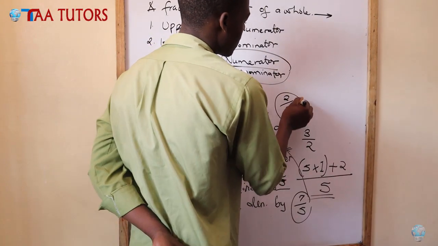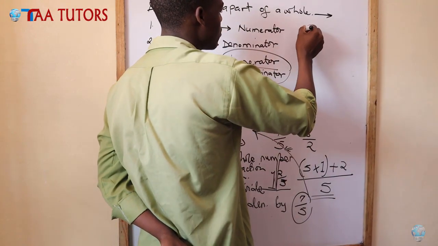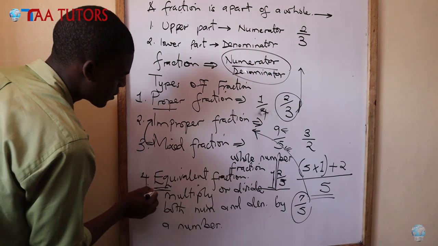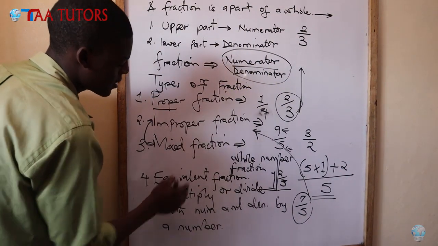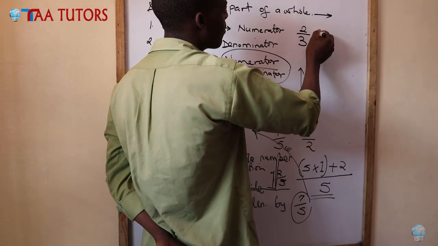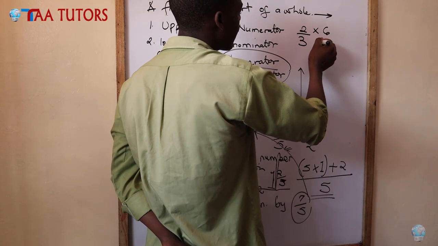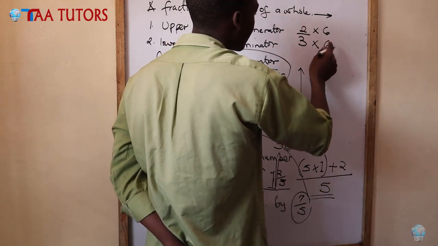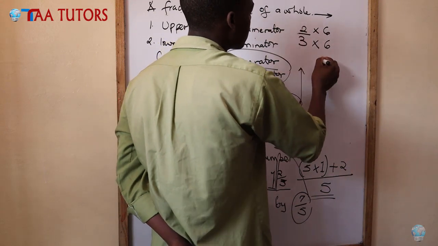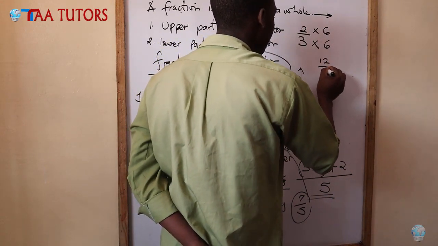When we have a case of this, let me use 2 over 3. And I want to get an equivalent fraction. In that case, I'll decide to multiply the numerator by a number, let me say 6, and the same number I multiply the denominator by, so that I will have 12 over 18.